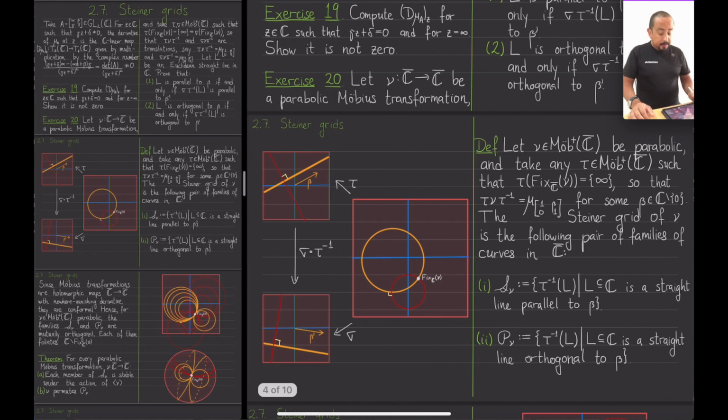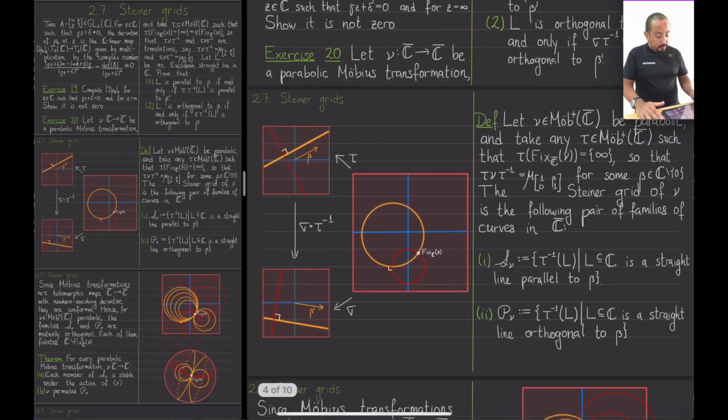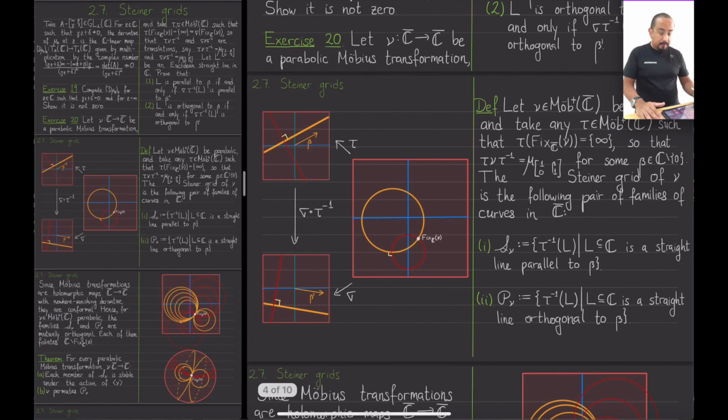I called that pair of families the Steiner grid of nu. Okay, so this is this definition. So here you are, right? So in this S of nu is tau inverse of these guys, and this P of nu is tau inverse of these guys. Okay, so I have these two families of curves.